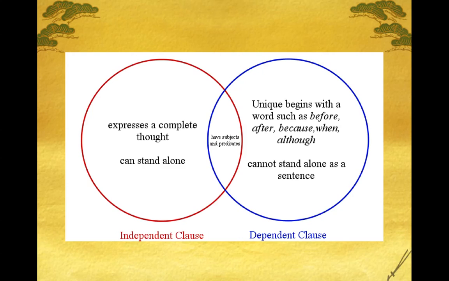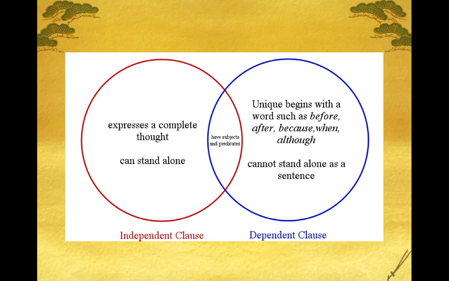A dependent clause, on the other hand, is unique because it begins with words such as before, after, because, when, or although. Now, something like this can't stand alone as a sentence. It's not even a sentence. Before the window was open. When I brushed my teeth.